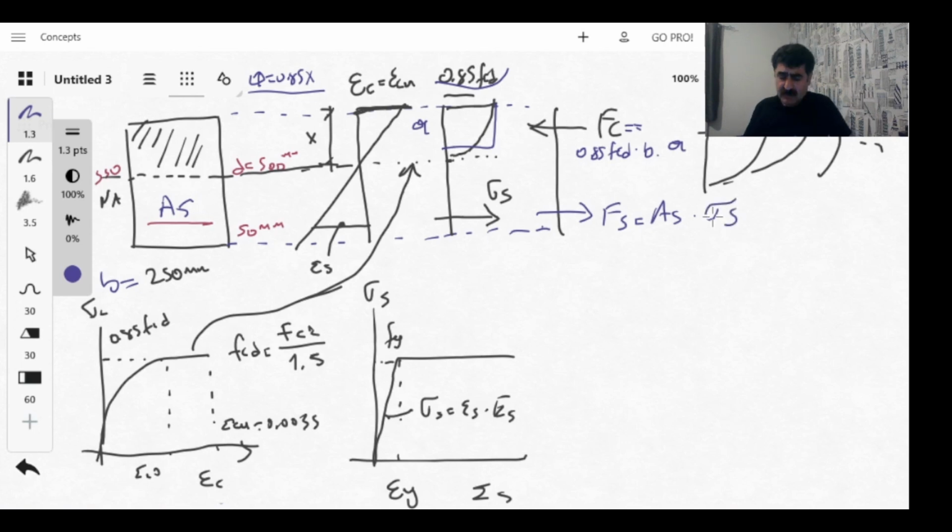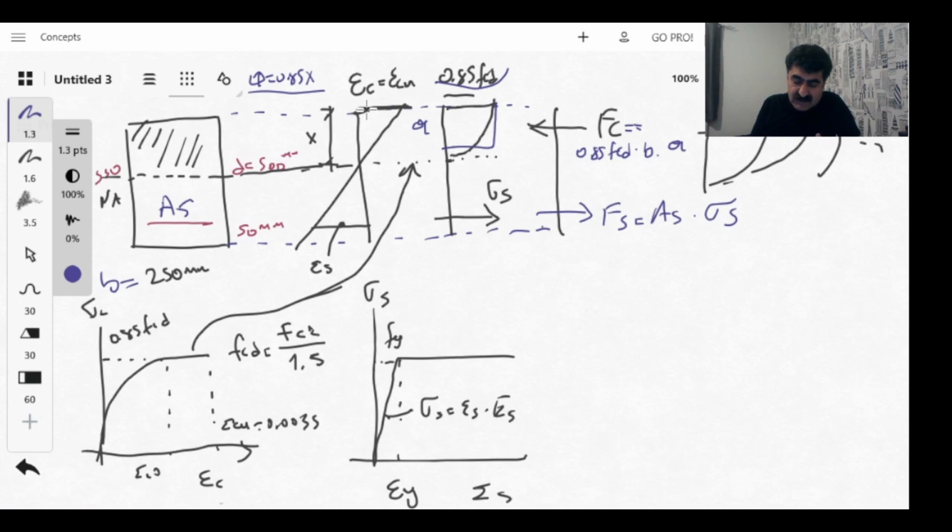sigma s. So according to the ultimate limit state design, usually we need Fc to be at the crushing point, but not all of the section will be subjected to the same strain.